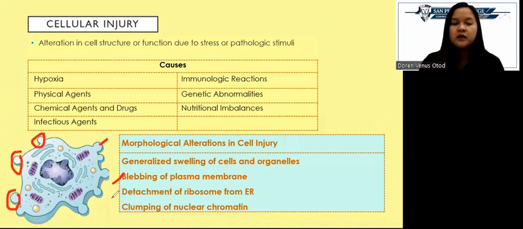And then after that, the ribosomes will now be detached from the endoplasmic reticulum, specifically the rough endoplasmic reticulum. And then the last one would be the clumping of the nuclear chromatin.